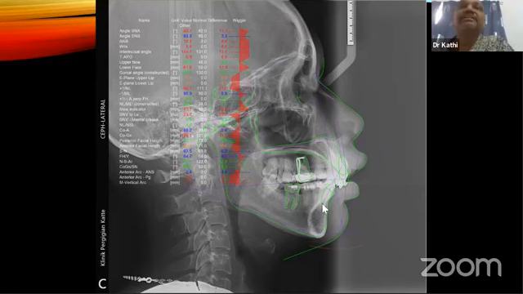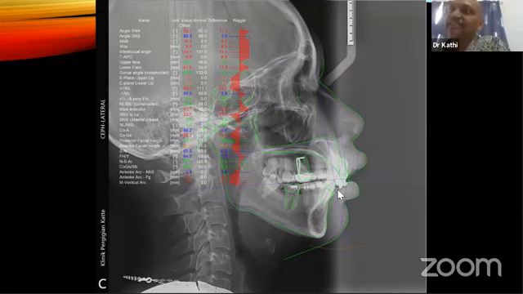So this retroclination and proclination, you can see from the incisor angulation. The upper incisor angulation is 90.1. Ideal is about 111, so it is upright. Lower incisors are 95.9, supposed to be 90 only. So lower incisors are proclined and upper are retroclined to camouflage this situation.